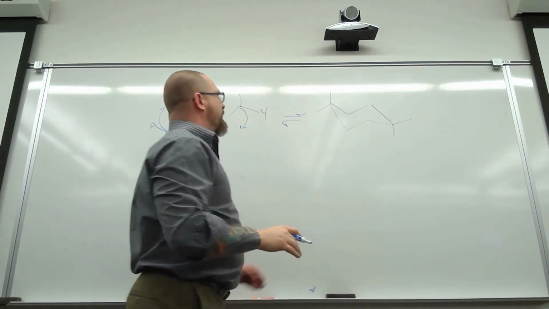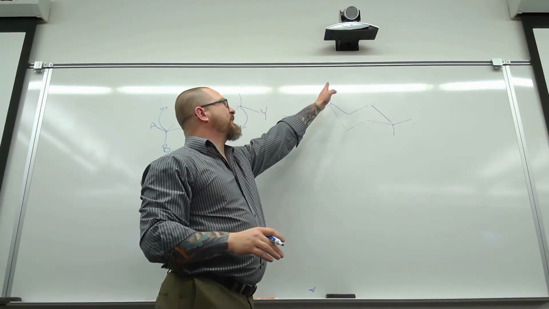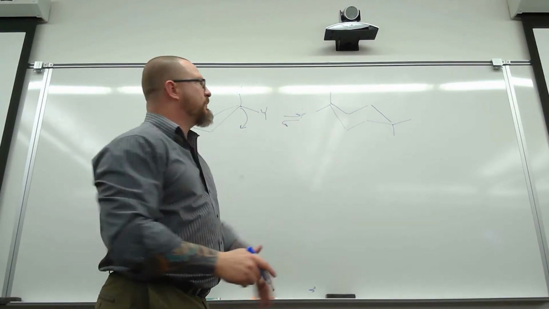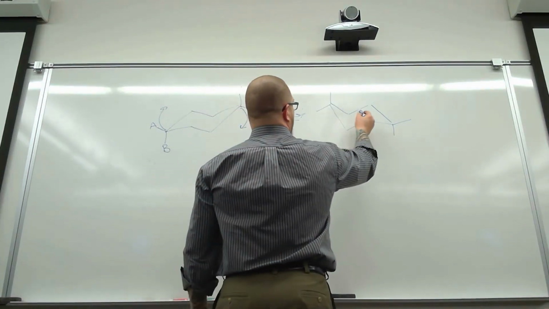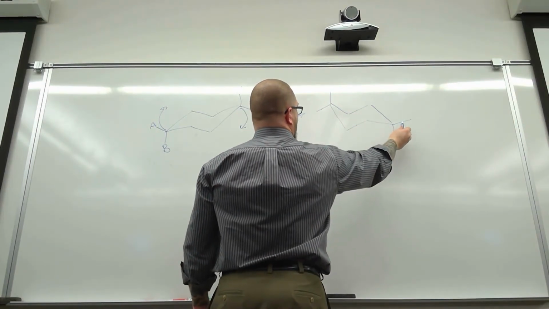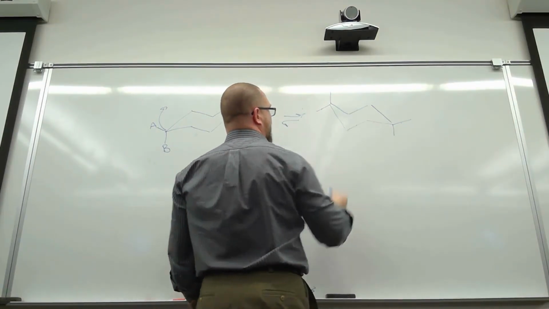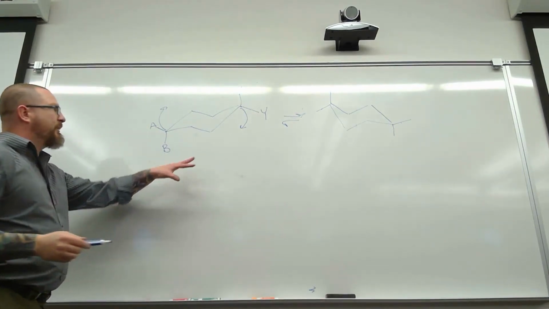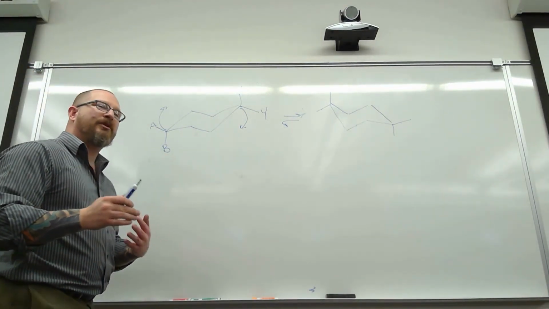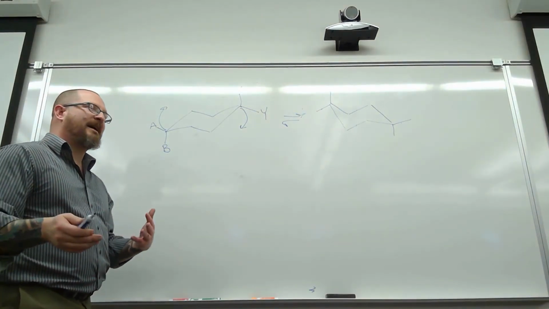Also, when you're drawing, make sure that the axial groups are vertically aligned. They're up and down clearly. The equatorial groups are parallel to this bond and this bond. These are pretty good drawings on this one, but close, so that it's really clear which group is equatorial and which one's axial.